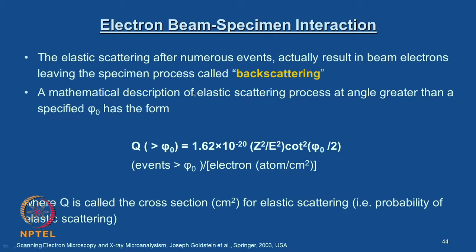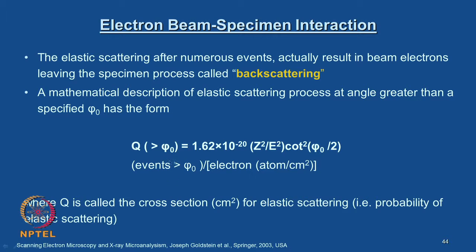A mathematical description of the elastic scattering process at angles greater than a specified phi naught has the form Q(>phi naught) equals 1.62 times 10 to the power minus 20 times Z square by E square cot squared phi naught by 2.